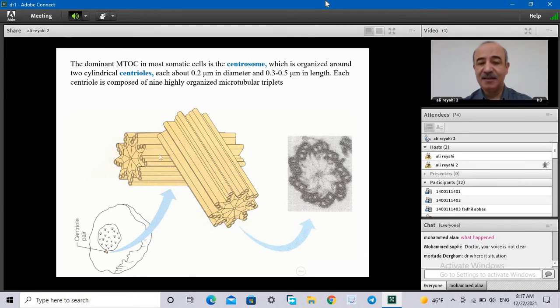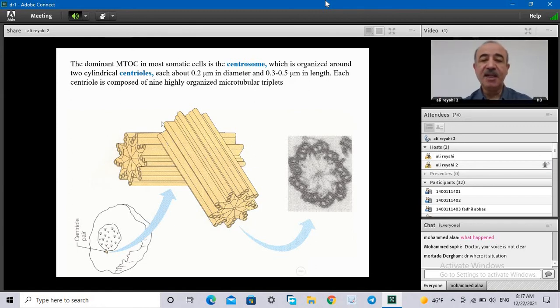And this double cylinder separates and moves to different poles of the cytoplasm, and between these centrioles the mitotic spindle is formed by microtubules.